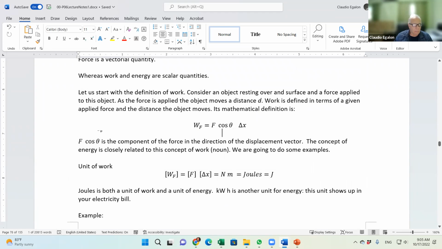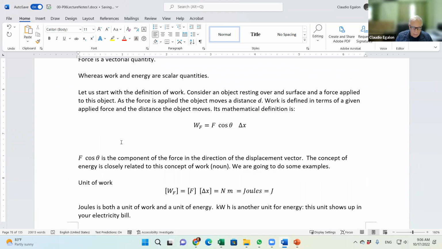Okay, so let's apply some simple examples, right? If the force has the same direction as the displacement, what does it mean? The angle theta equals 0, right?